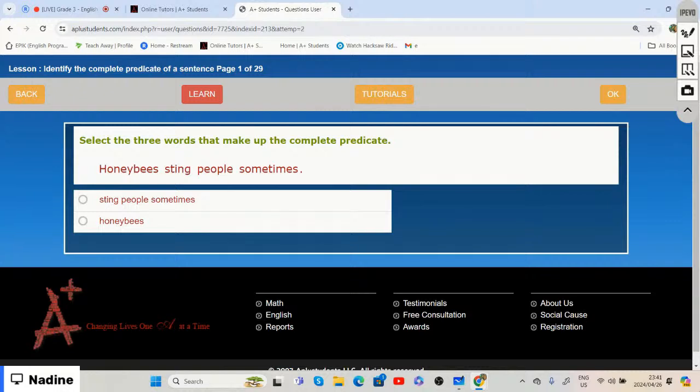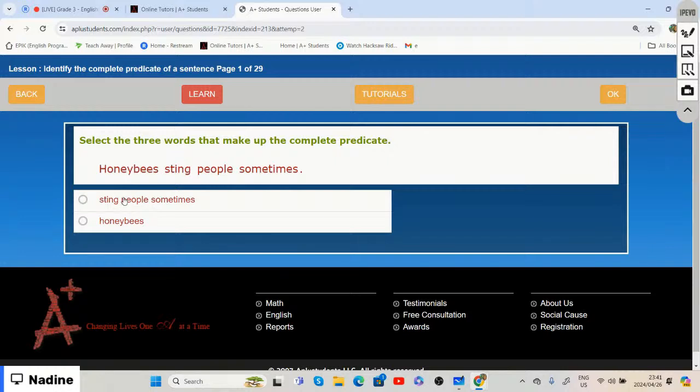All right. So if we were to select the three words that make up the complete predicate, we can say sting people sometimes. Remember, this is the predicate. The predicate is the verb plus any other word that tells us what the subject is doing.